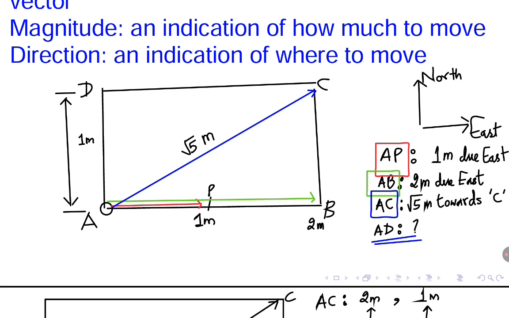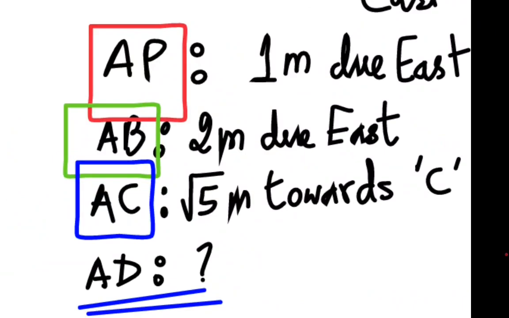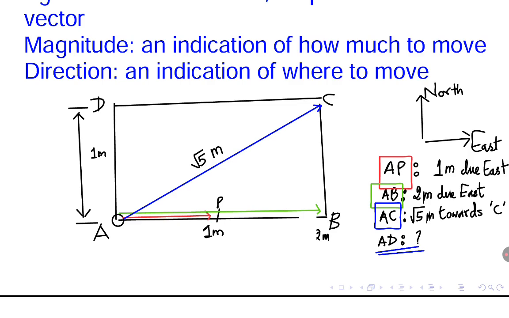So if you calculate the value of AC, you will get root 5 meters. So we say that AC is a vector where you have covered square root 5 meters towards the direction of point C, as written over here. Similarly, you can talk about a vector AD. So AD will signify that you have moved 1 meter towards the north direction starting from point A. All right.